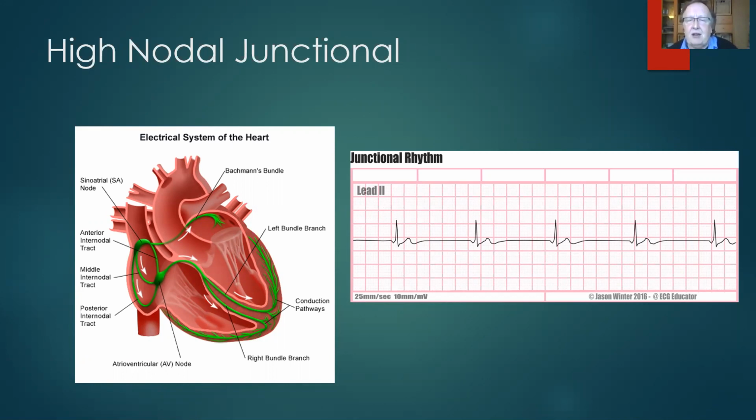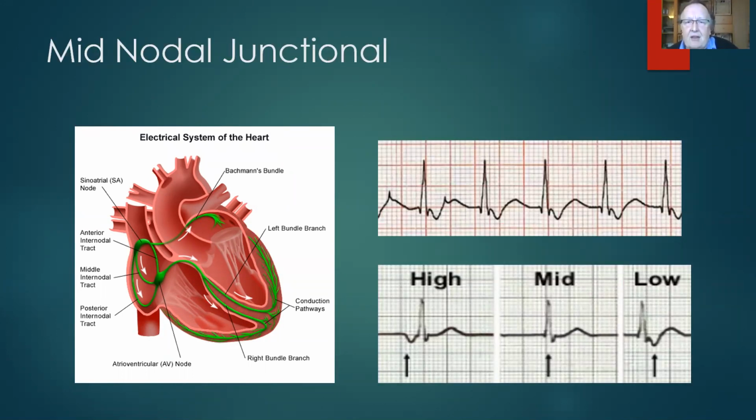The impulse then goes down the bundle of His into the right and left branches, and so our QRS complex is of normal duration. The ST segment is fine, and the T wave is the right way up, because if ventricles contract normally, they relax normally. So hopefully you can see there the upside down P wave, which tells us this is a junctional rhythm. Next slide, please.